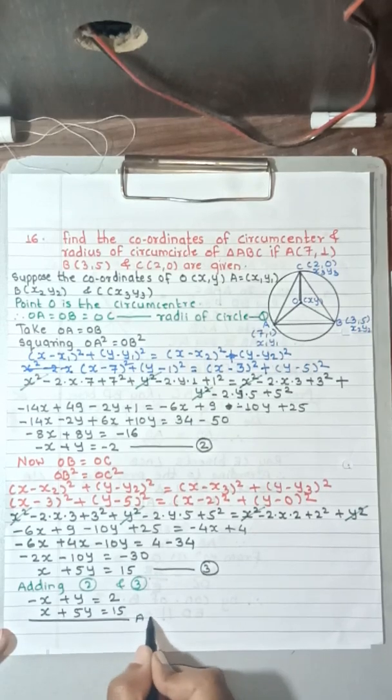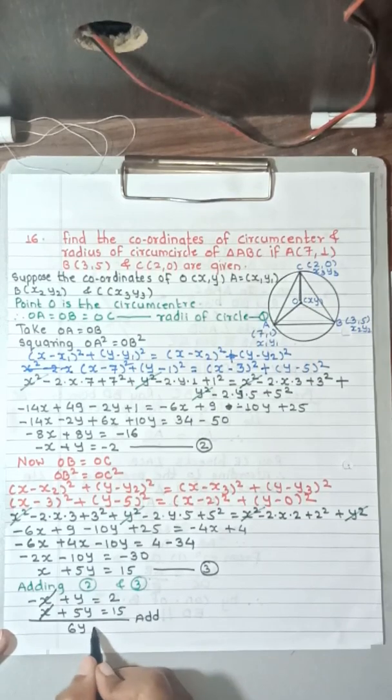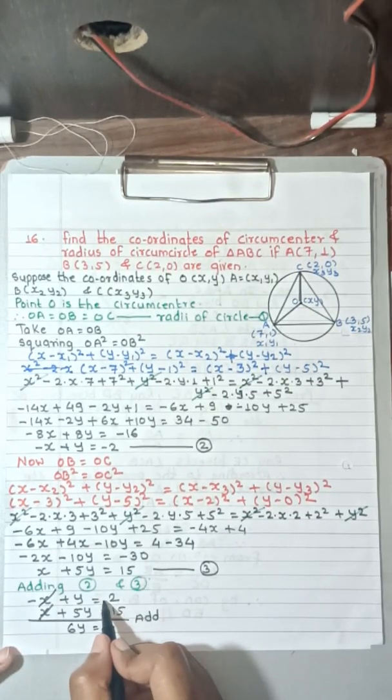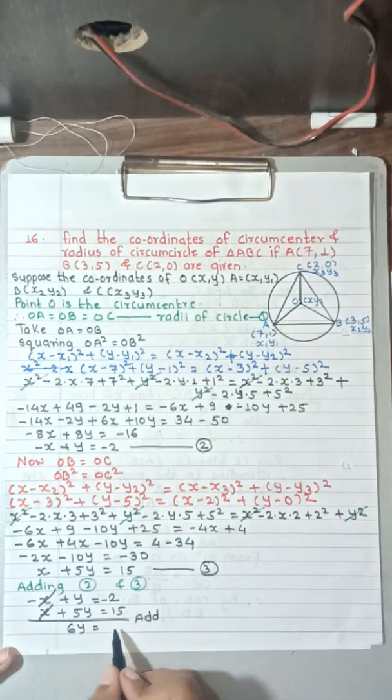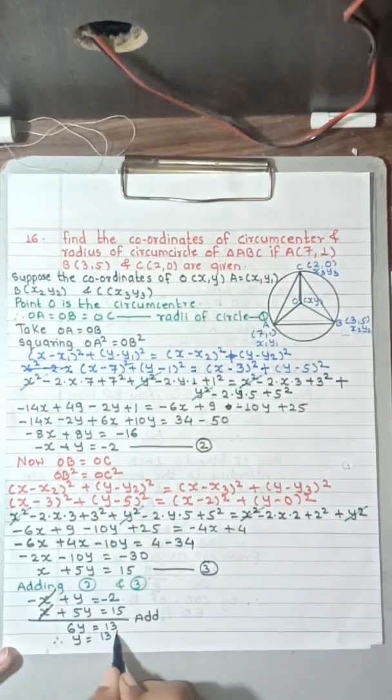Write down here add. So this will get cancelled. This will be 6y is equal to, this is minus 2, no? It will be plus 13. Therefore y will be equal to 13 upon 6. You got the value of y.